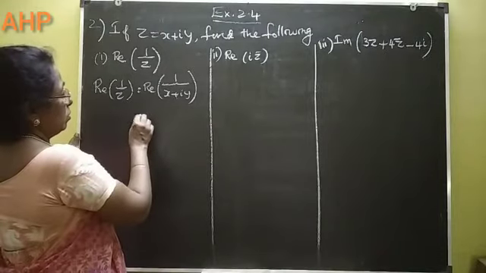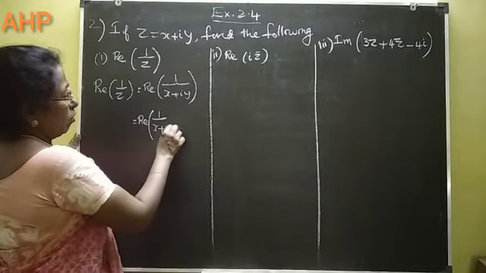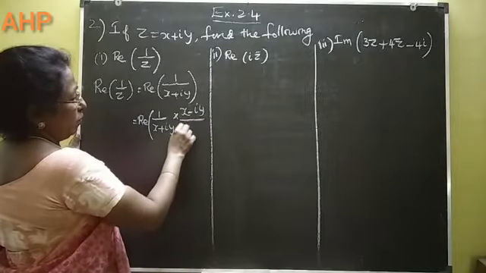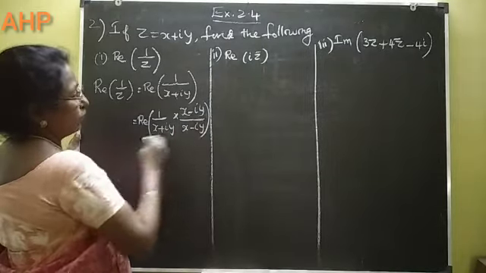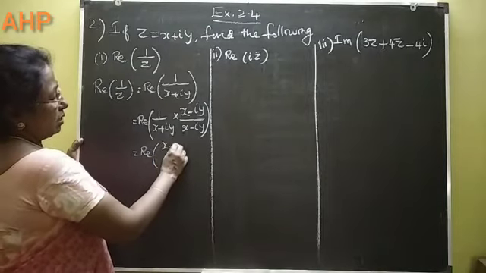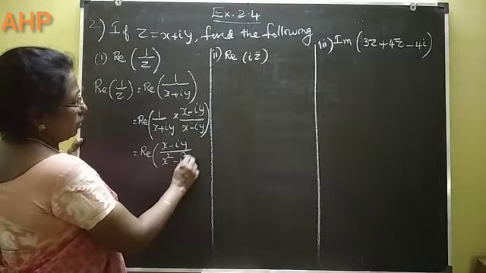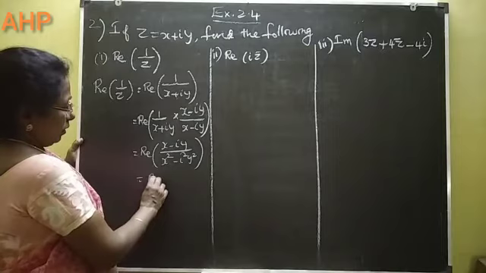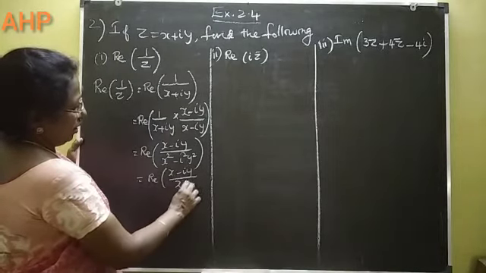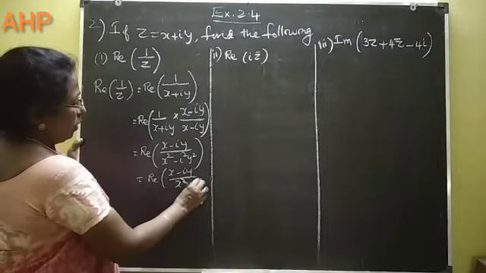Therefore, this is equal to real of 1/(x + iy). The conjugate of x + iy is x - iy, divided by x - iy. So this is going to be real of (x - iy) divided by x square minus i square y square. This is equal to real of (x - iy) divided by x square plus y square.